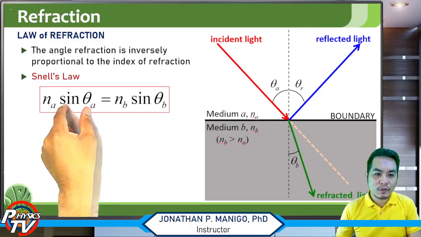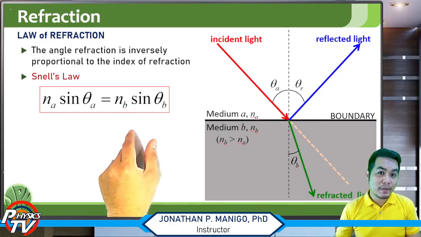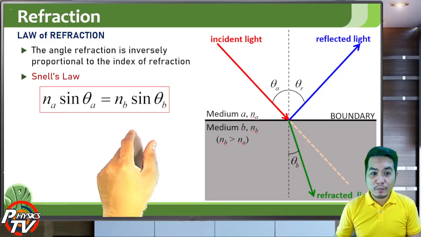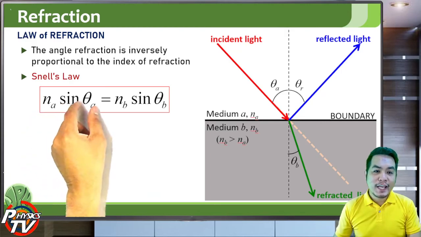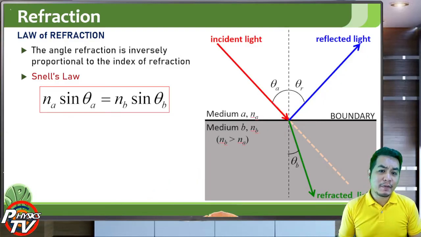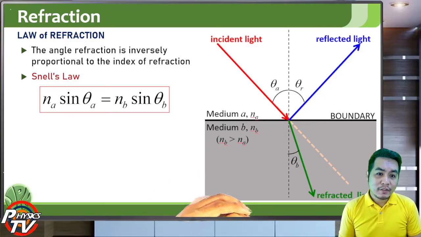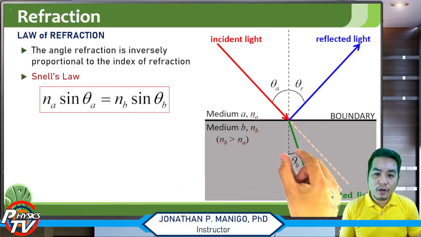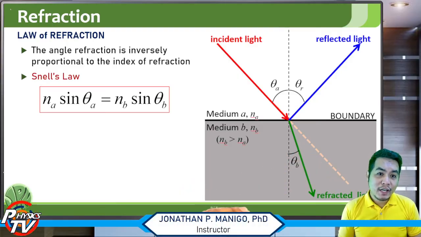If you cross multiply this, it will go into the denominator. So therefore, the relationship between n, the index of refraction, and the sine of the angle is inversely proportional. Meaning, the higher the index of refraction, the smaller the angle.